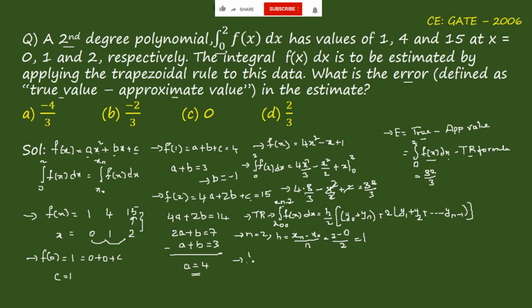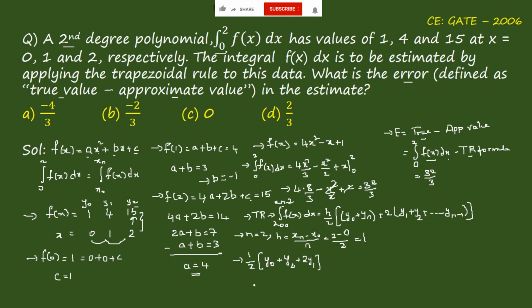So it becomes 1 by 2 into y naught plus y of n, which means y of 2, plus 2 times of y of 1, right? What is that? Y naught is f of x at 0. This is y naught, this is y1, this is y2.